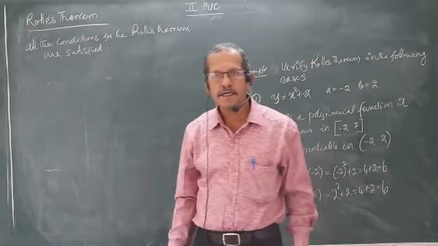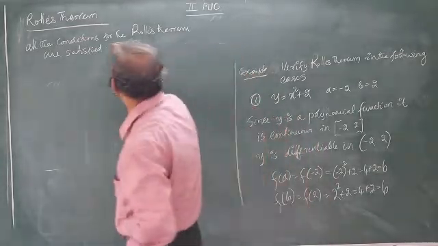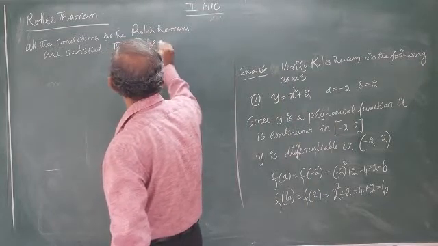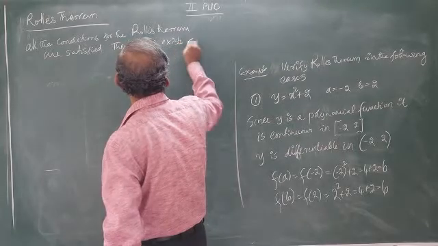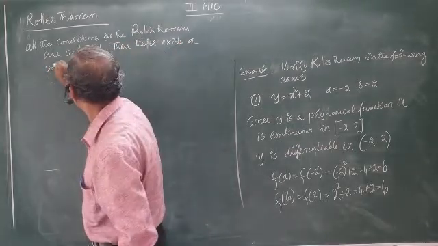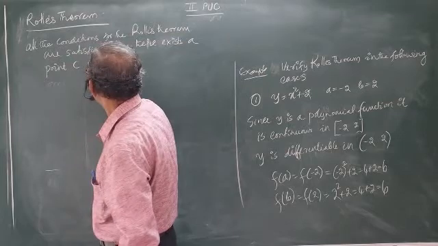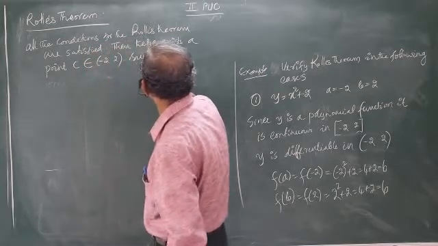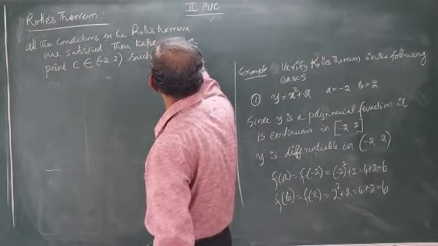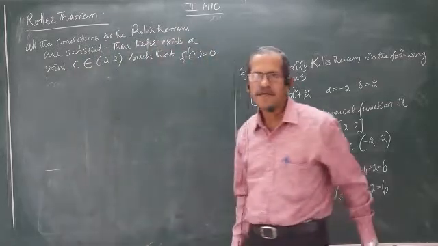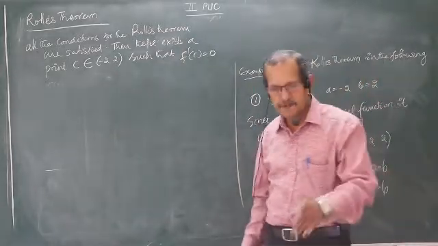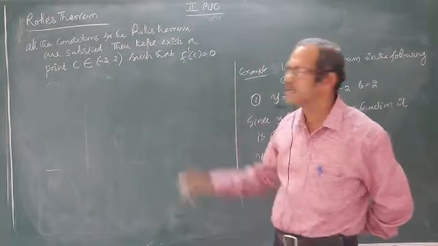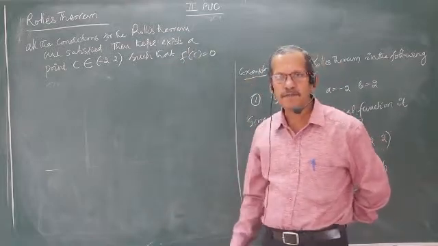Then what is the result? Then there exists a point c in the interval such that f dash of c equal to 0. If all the required conditions for Rolle's theorem are satisfied, then you can apply the result of that. What is that? f dash of c should be equal to 0.